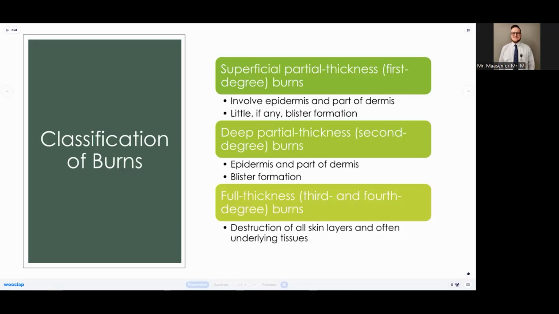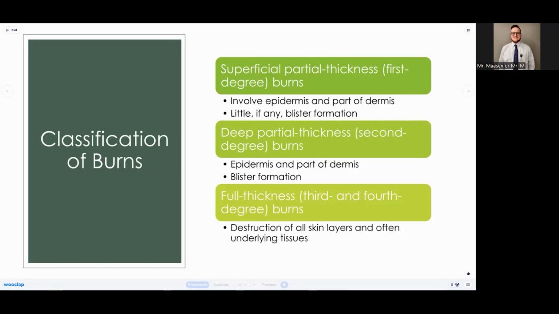Second degree is a deep partial thickness. So you have superficial, then deep partial thickness. Second degree is almost always going to have some blister formation. It's going to be part of the epidermis and into the dermis, and therefore there's going to be some nerve injury.